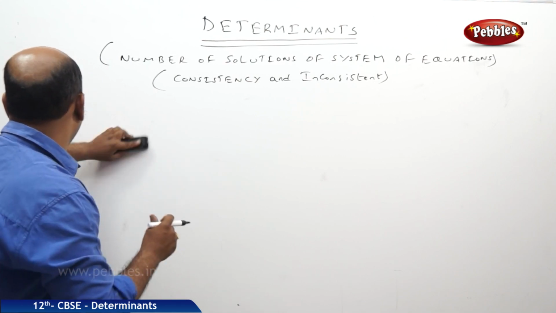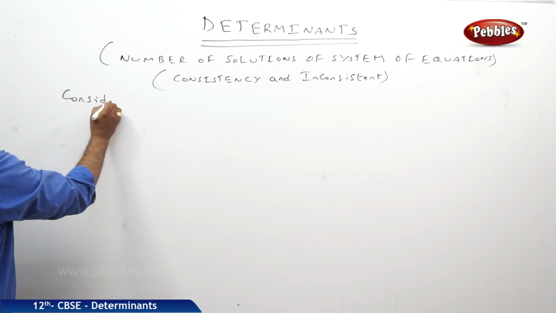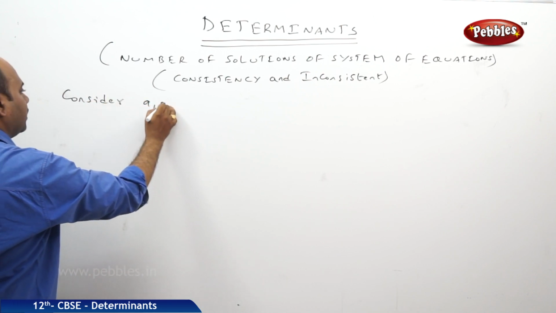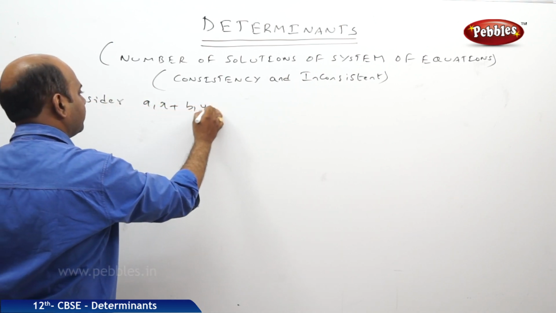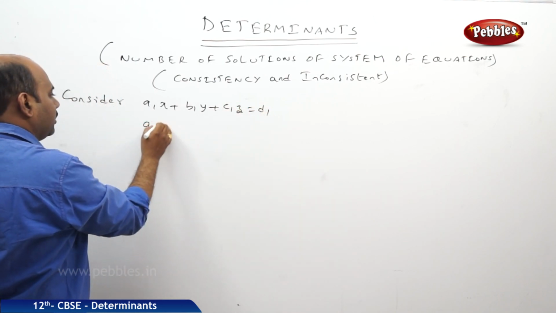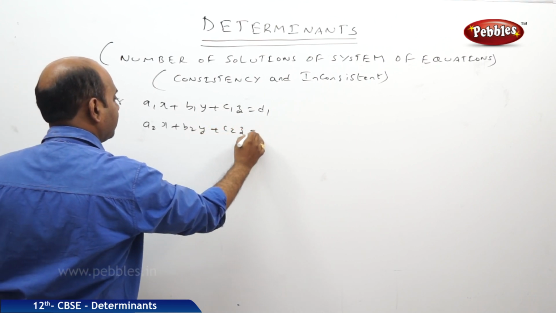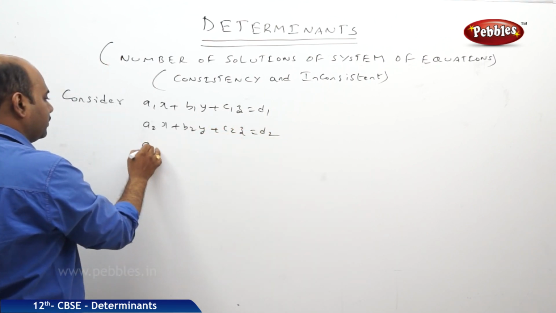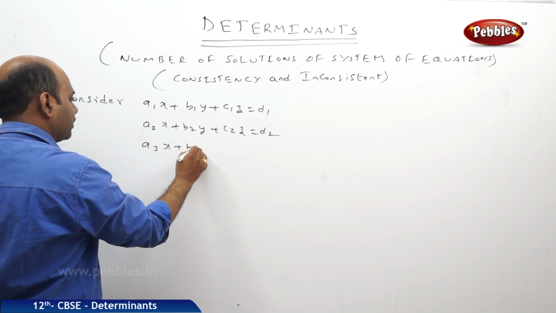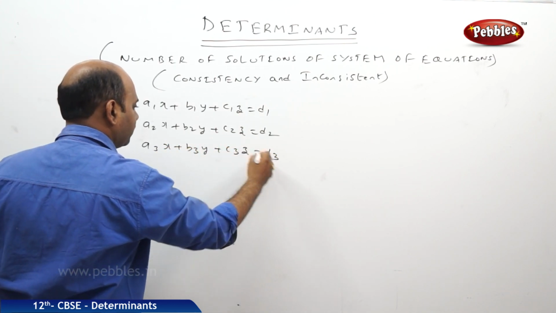So here I will consider the system of equations a1x plus b1y plus c1z equal to d1, a2x plus b2y plus c2z equal to d2, a3x plus b3y plus c3z equal to d3.